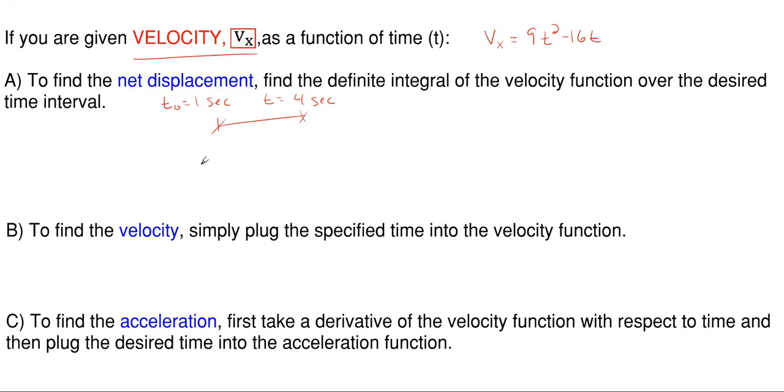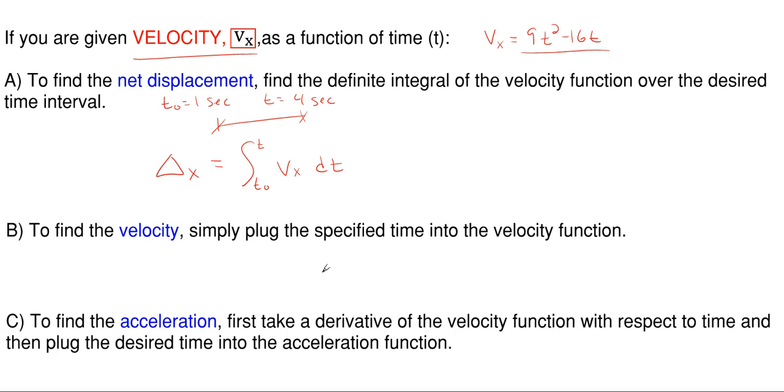In order to do this, you would use the equation delta x, your net displacement, equal to the definite integral from your initial time to your final time of v sub x with respect to t. So you would integrate this equation with respect to t, and then plug in your boundary conditions of t sub o and t.